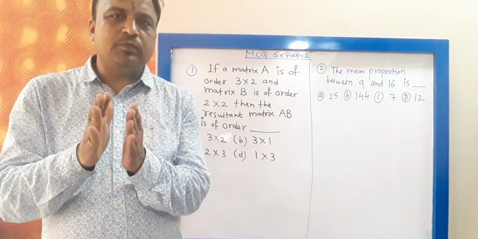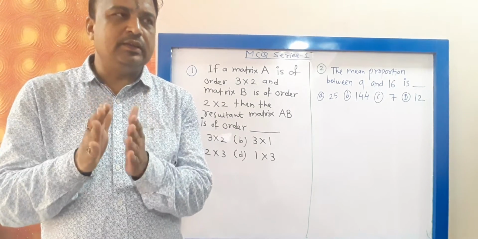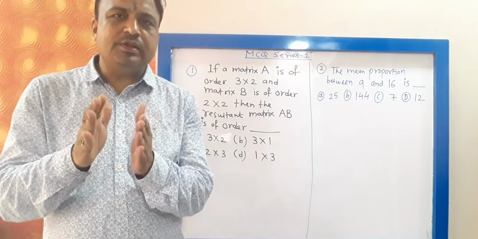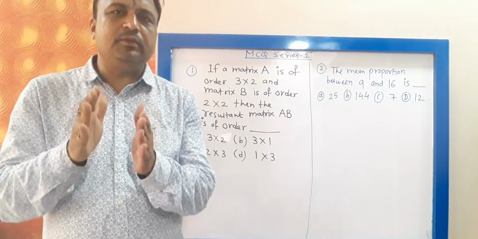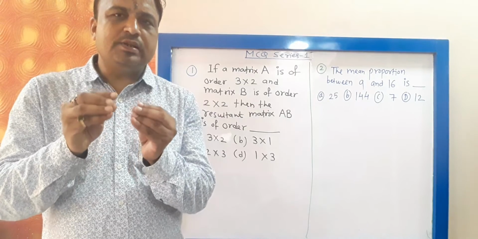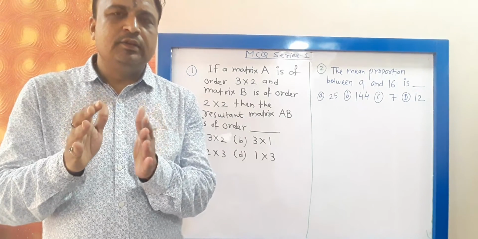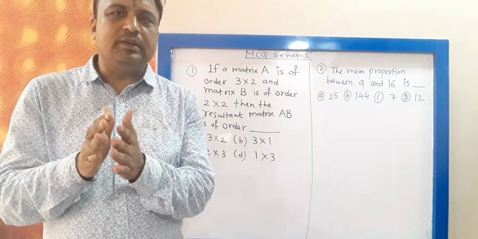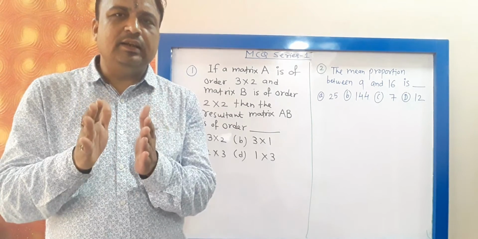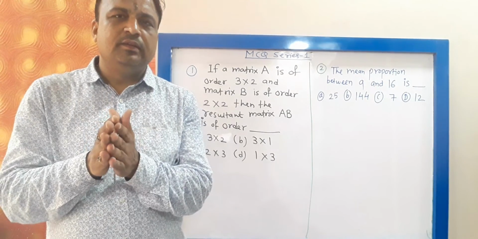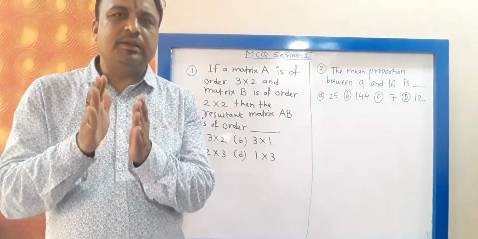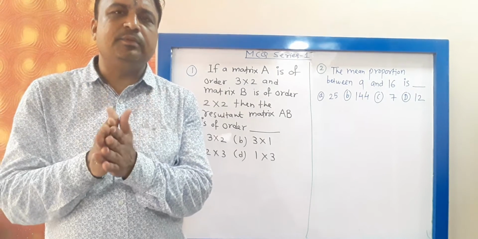All multiple choice questions are compulsory. In total there are 15 questions. You have to attempt all 15 questions. Each question has a weightage of 1 mark. That is why from today onwards we are starting the MCQ series for 10th standard mathematics students of the ICSE board.